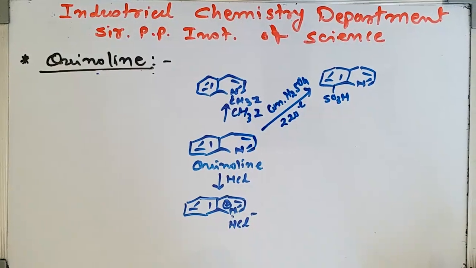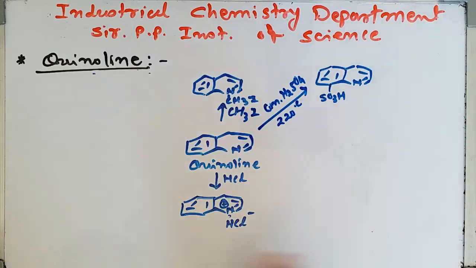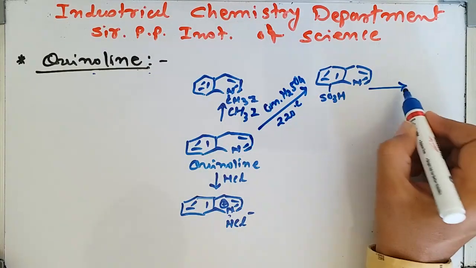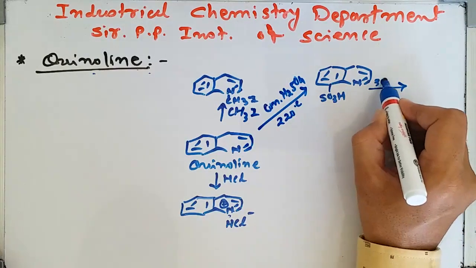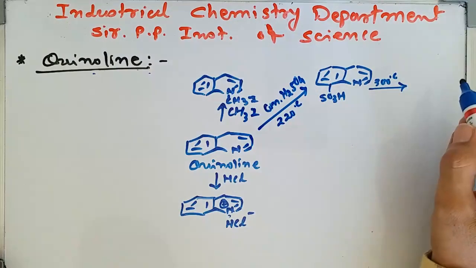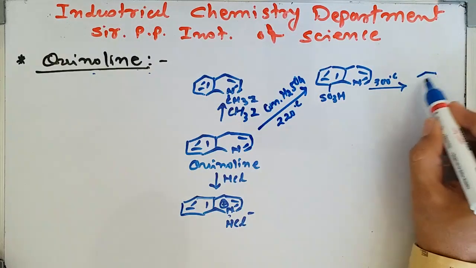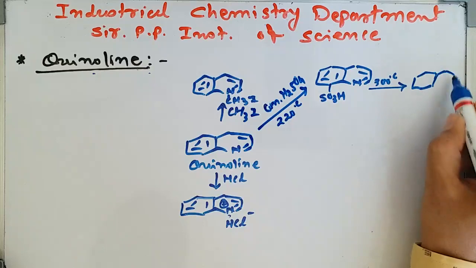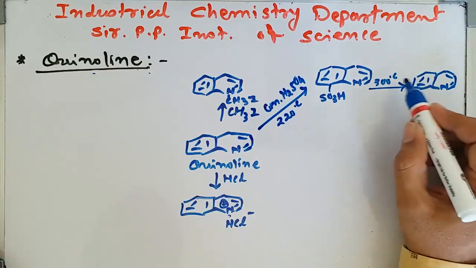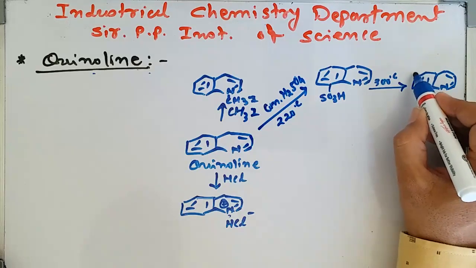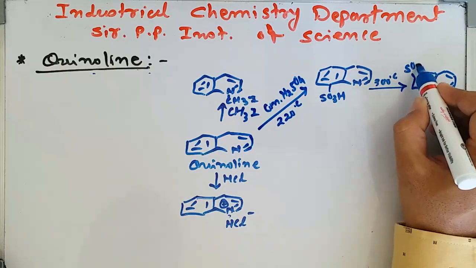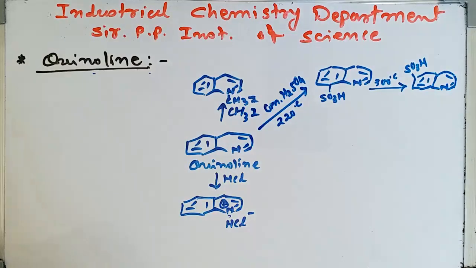This is 8-sulfoquinoline, and if we heat it more than 300 degrees Celsius, then this 8 compound is transferred to 6 substituted derivatives.